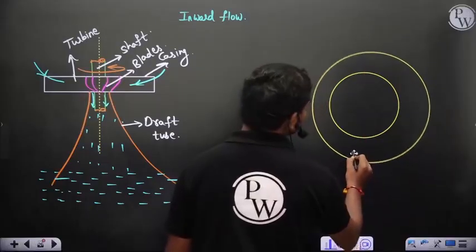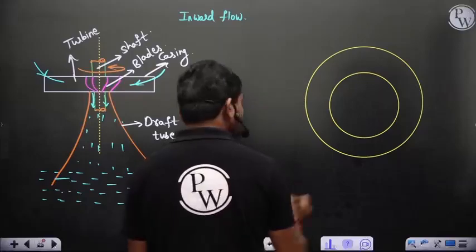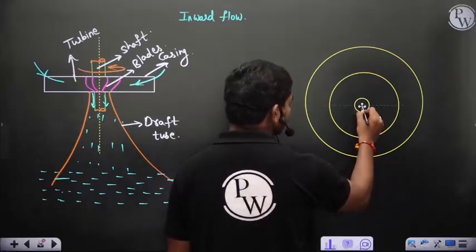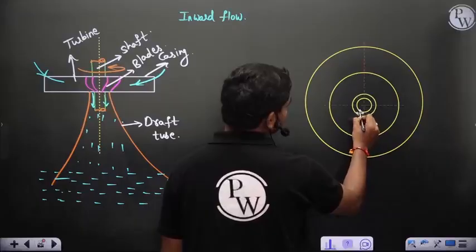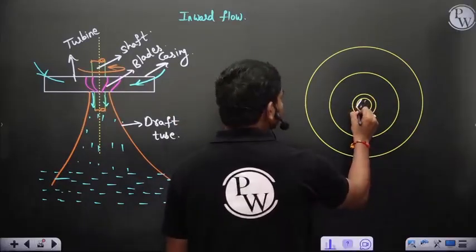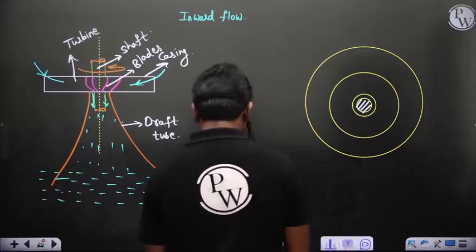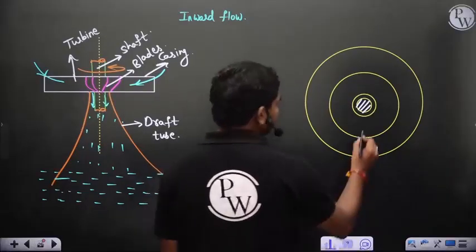We'll see. These are the guide vanes, and you have the shaft at the center ultimately. So you have the shaft and also a bit of casing as well.